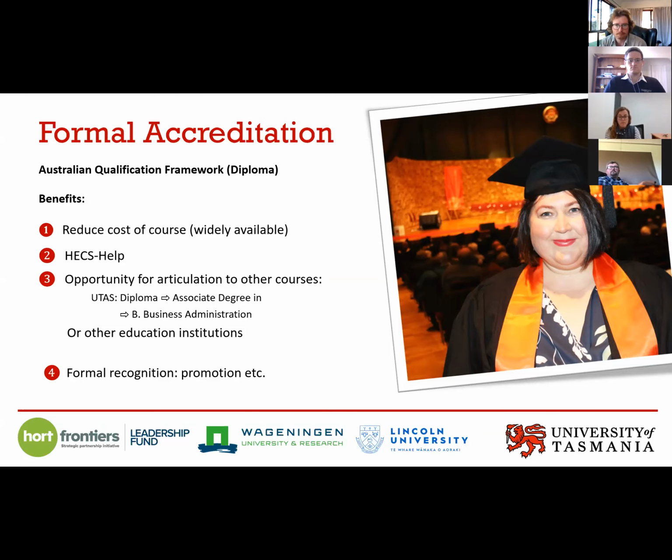If you're not on an industry scholarship, you are eligible for HECS help, so the government will help you fund your study, and we can help you, and Claire in particular can help you work out all your HECS options if need be.